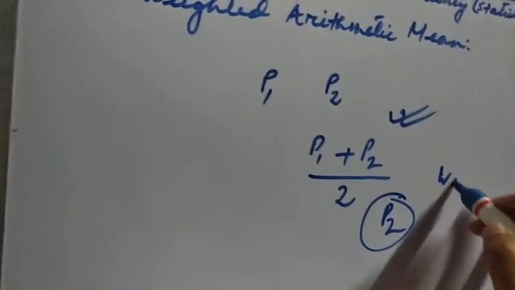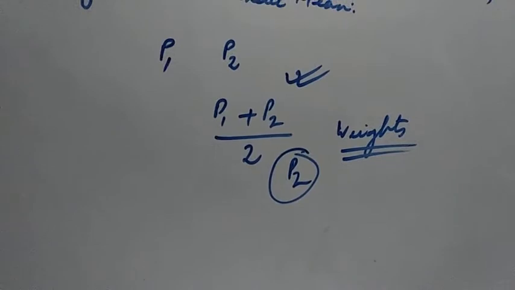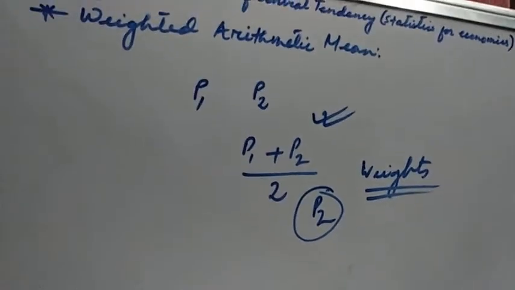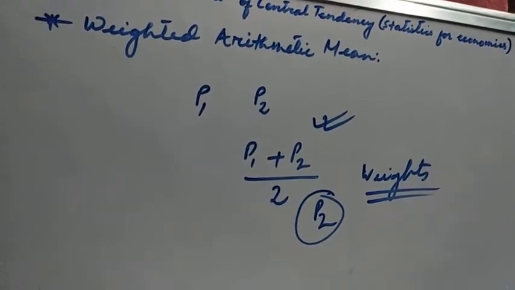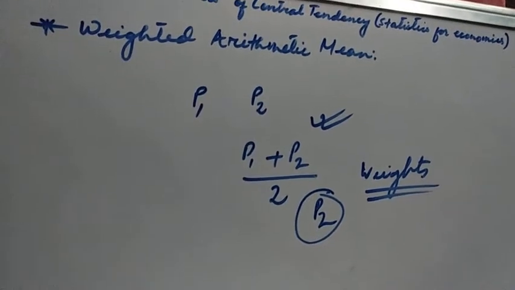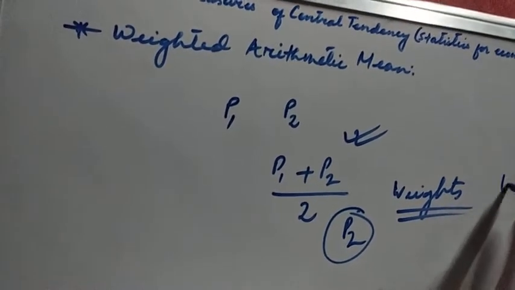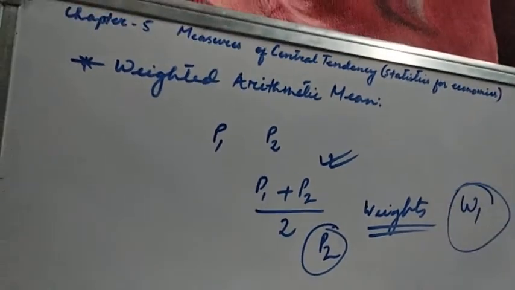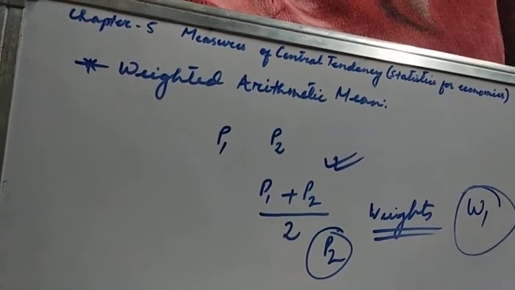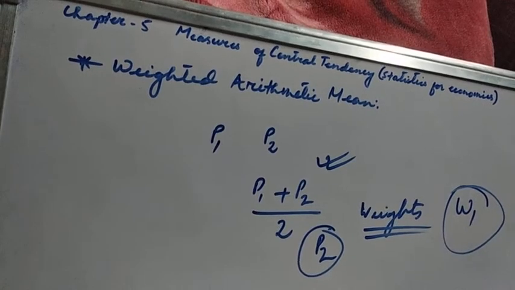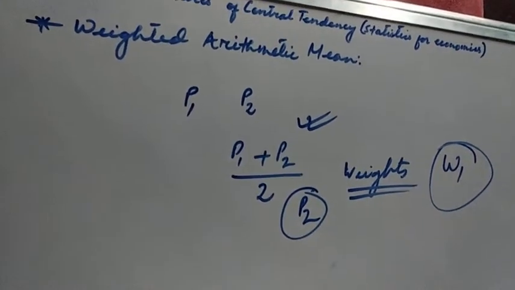Weight, W-E-I-G-H-T, weightage. You may have to use weightage to give more importance to a particular item. The share of the mangoes in the budget for the consumer, like W1. So weightage W1. So you are separating each and every item by giving weightage.